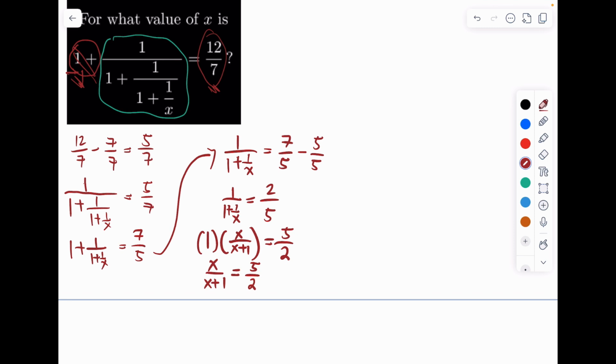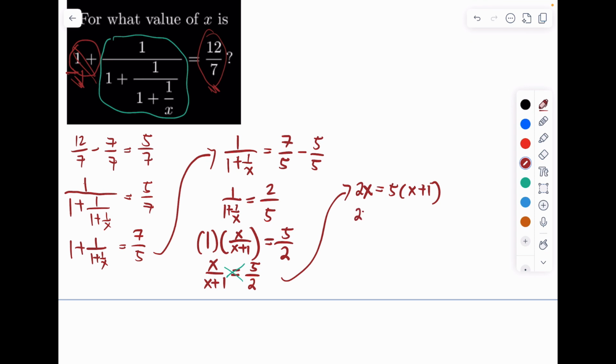And then we can just do the same thing that we did a while ago, which is multiplying diagonally, similarly to what we do when we're looking for proportions. So let's go ahead and do that. So this is 2x, and this will become 5 times x plus 1.